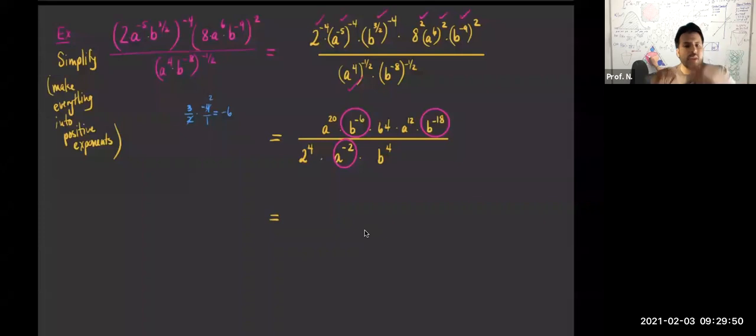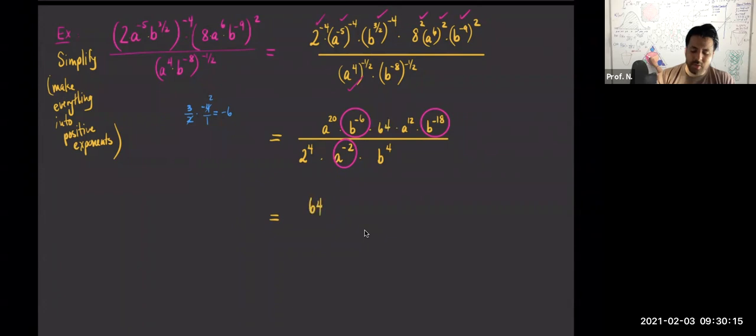Just move them across the fraction. So if we have a denominator that has a negative exponent, move it into the numerator. If you have a numerator portion that has a negative exponent, move it into the denominator. Another thing is I'm going to move the 64, this number here, and put it in front because multiplication is commutative, which means that I can switch the order around.